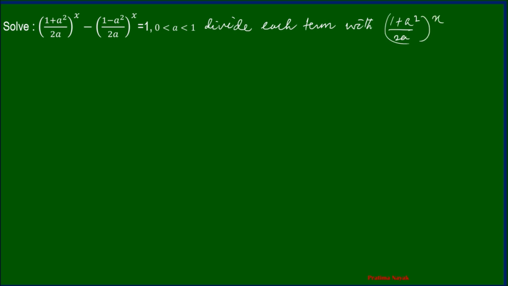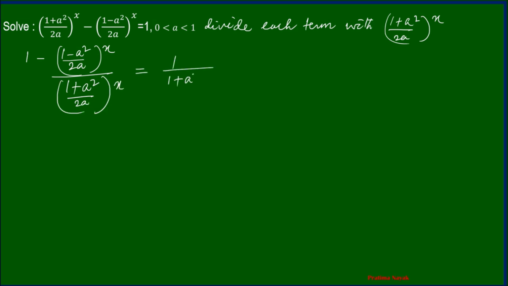So the first term will become 1. The second term will become ((1 minus a square) by 2a) whole power x over ((1 plus a square) by 2a) power x. And here it will be 1 over ((1 plus a square) by 2a) power x.